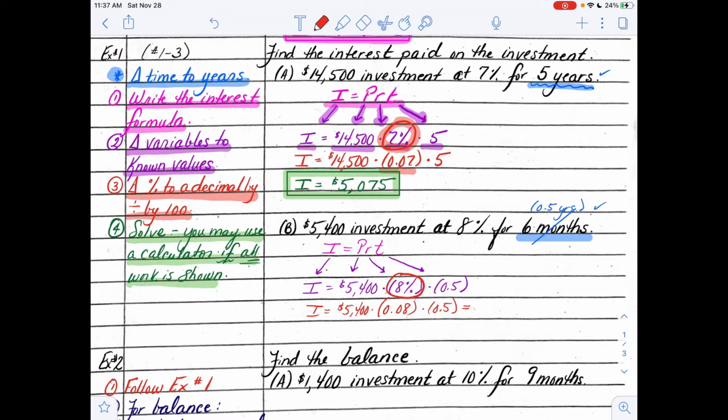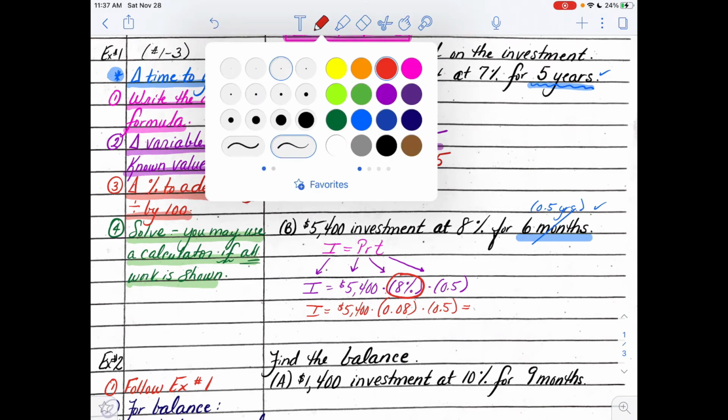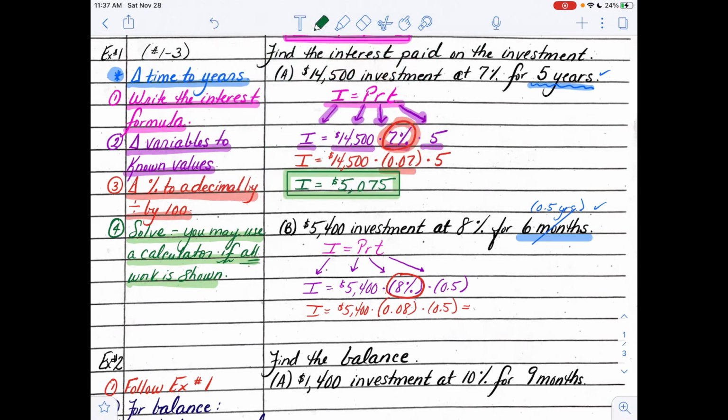And I did show all my work. I showed that formula. I showed the substitution of changing variables to my values. I showed changing the percent to a decimal. So using a calculator and multiplying that out, I get $216.